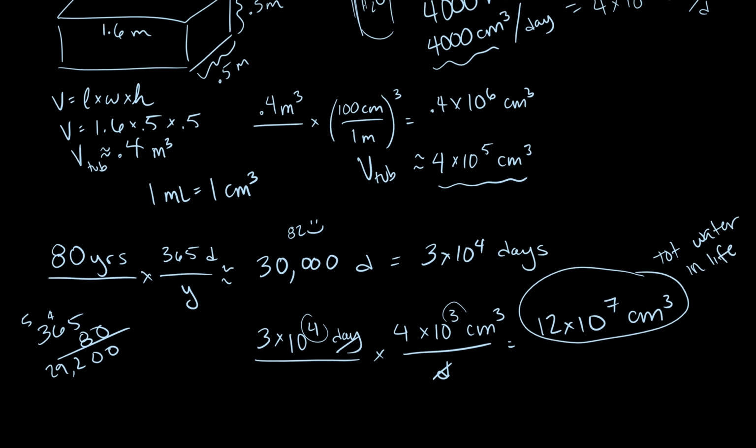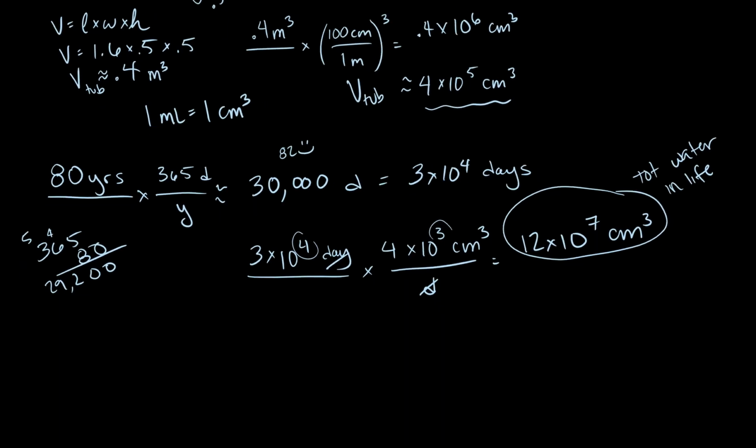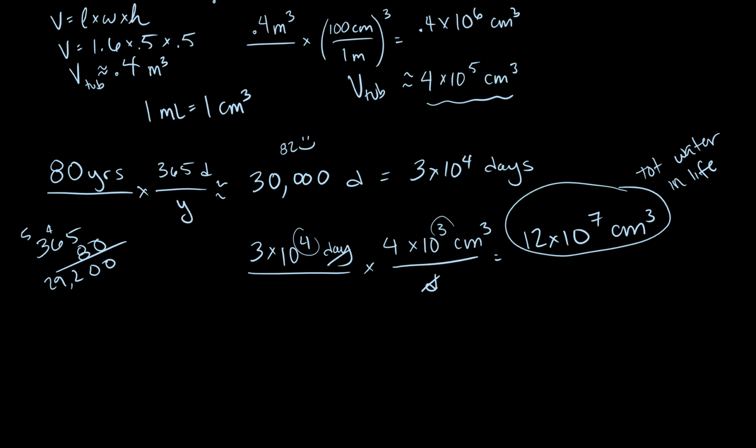Then if I take the total amount of water divided by the amount of water that fits in one tub, that will give me the number of bathtubs that the water will fill. So I'm going to take 12 times 10 to the 7th cubic centimeters and divide by 4 times 10 to the 5th cubic centimeters.